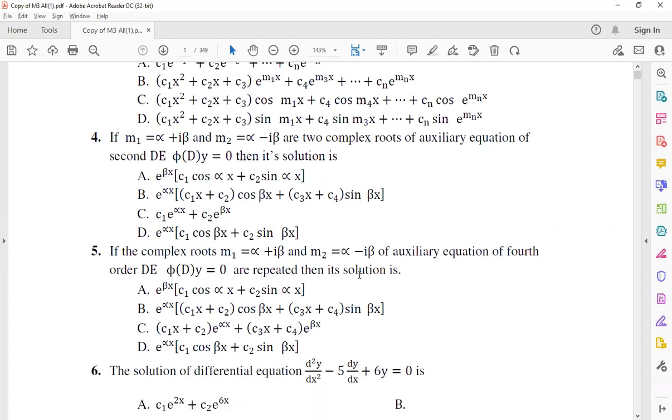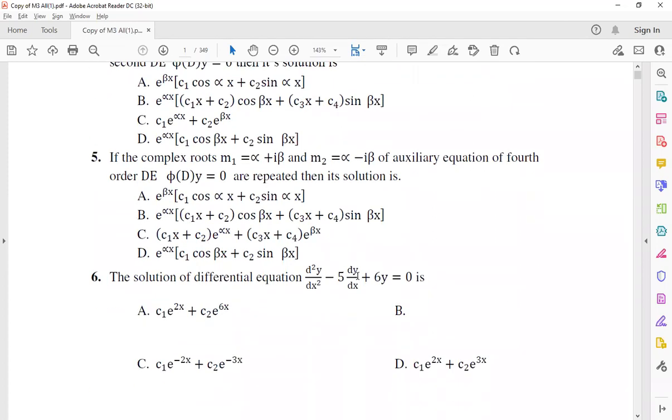Good. Chalo, fifth one. If the complex roots m1, m2, alpha plus i beta, alpha minus i beta of the auxiliary equation of fourth order, phi dy equal to 0, are repeated, then its solution is, please read it properly.